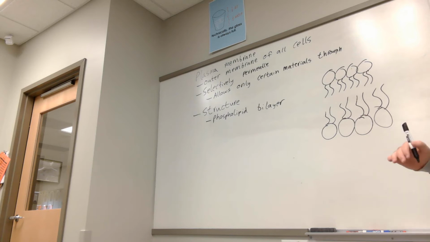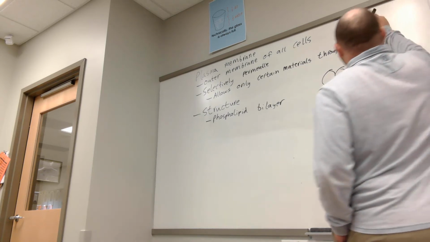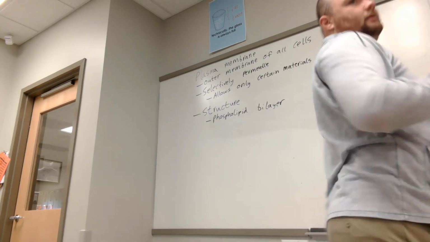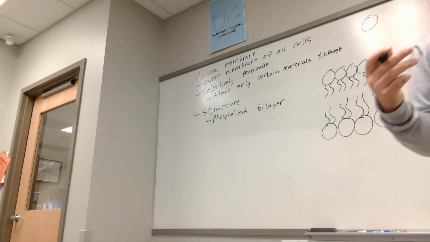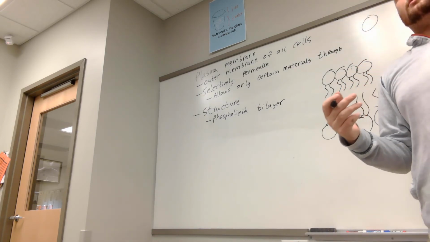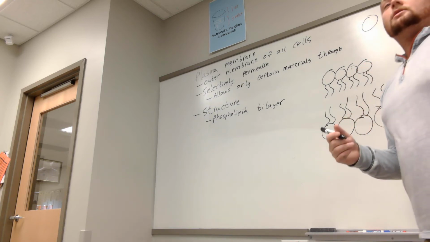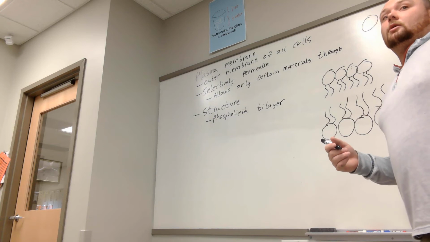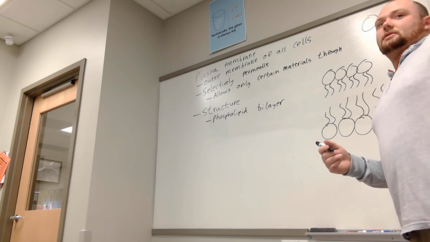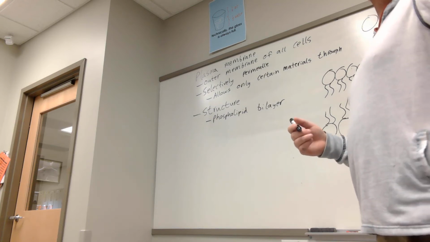Now, what makes up lipids? We've got the head. What is the head made up of? Does anybody remember? It should be in your macromolecule notes. Is it the fatty part? No, that's the tails. This is the G part, glycerol.